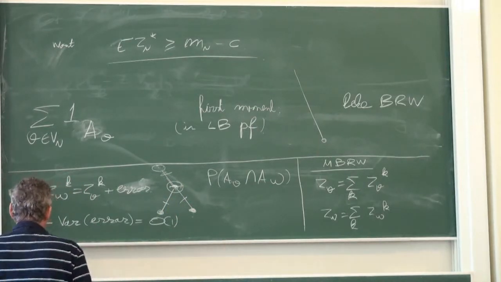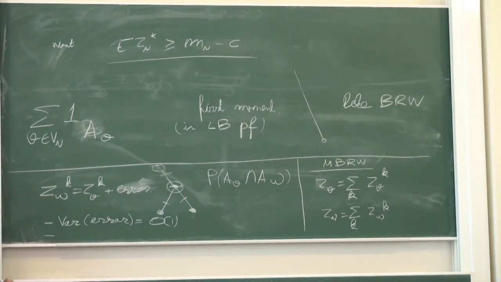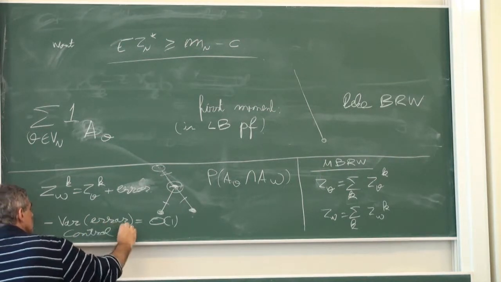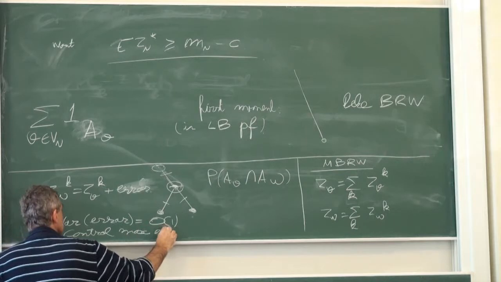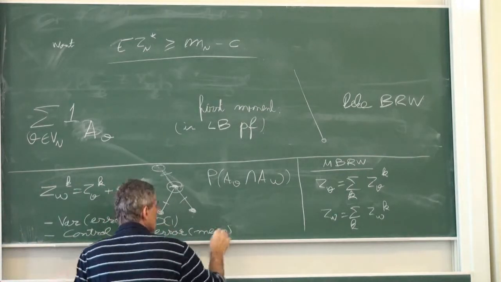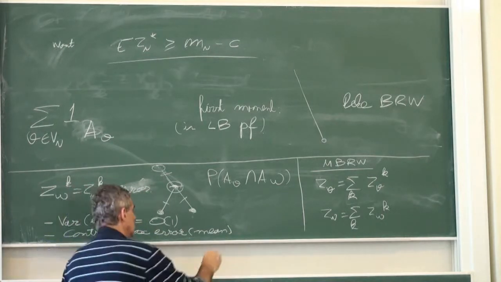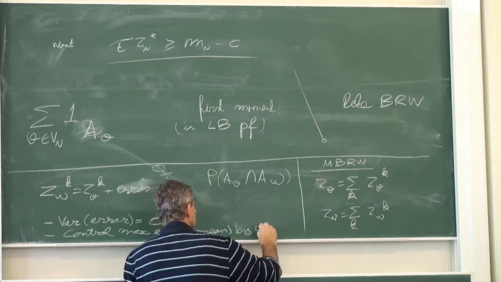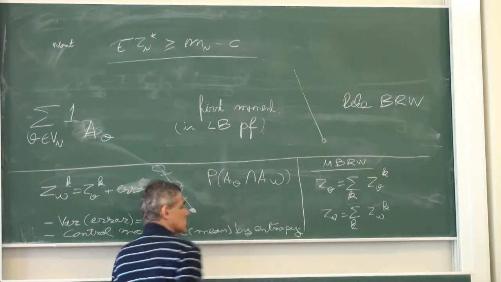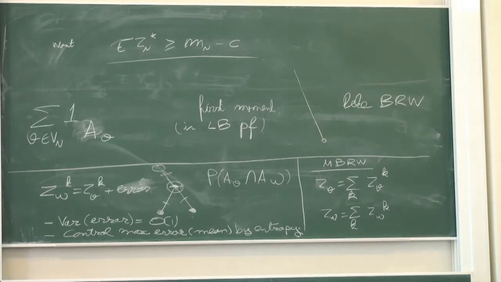And you can also show, and this requires yet another tool from Gaussian field theory that I did not introduce, you can also control the maximum error. In fact, the mean of the maximum error by an entropy argument. So this is something I don't have time to get into, and it's actually not very hard.